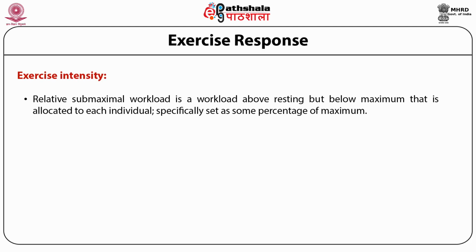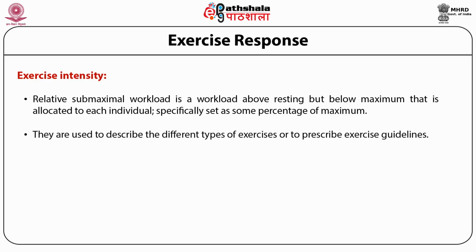Relative submaximal workload is a workload above resting but below maximum that is allocated to each individual, specifically set as some percentage of maximal. They are used to describe the different types of exercise or to prescribe the exercise guidelines.